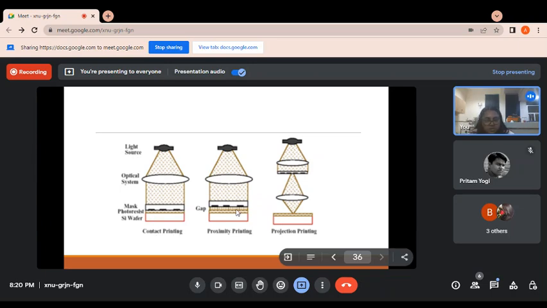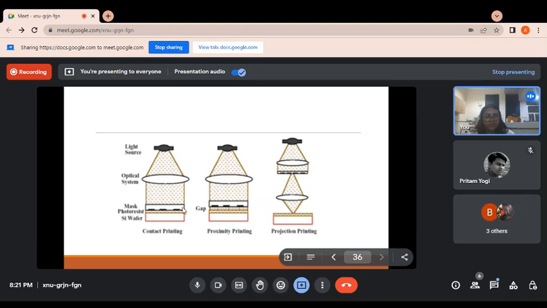And in the second figure, this is the light source, optical system, then the mask, but between the mask and the photoresist there is a small gap. What happens when there is contact between the mask and the photoresist? If we use contact printing multiple times, there is a possibility that our device can be affected or defects are present.